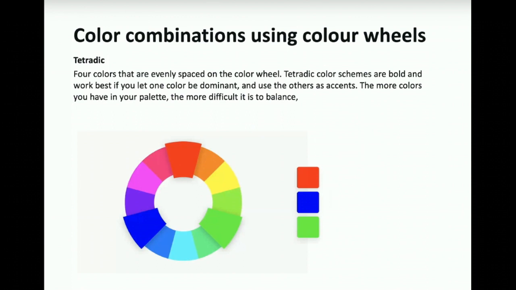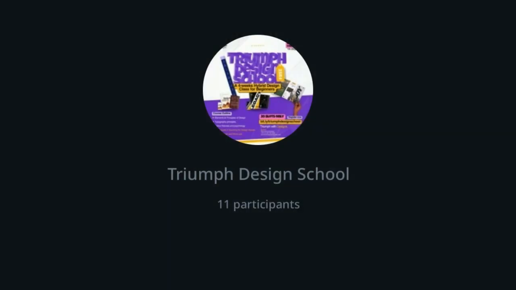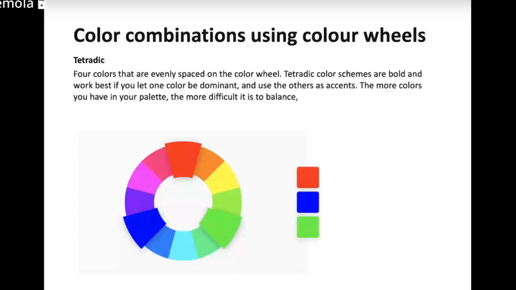If I'm working on a project that entails the use of red, I could explore using blue and also green. If I'm working on a project that entails the use of purple, I could also explore using orange and this shade of green as a complementary color. So this is also one of the ways you could select colors on your project.